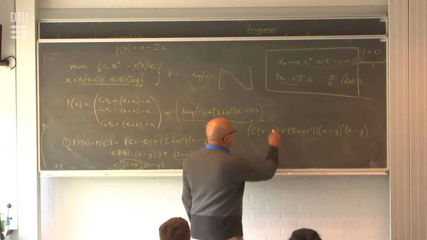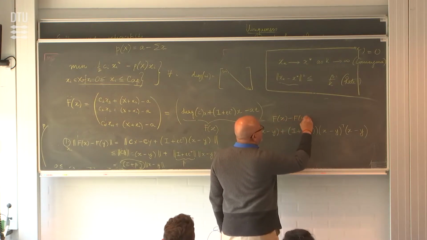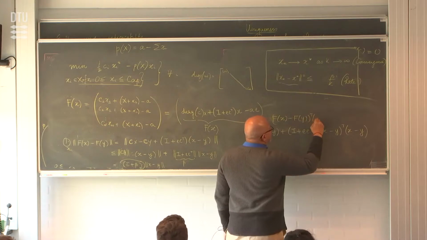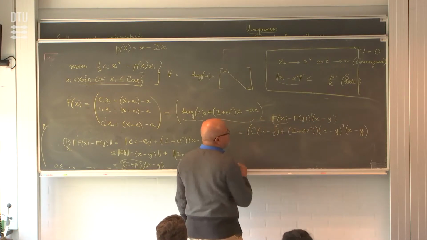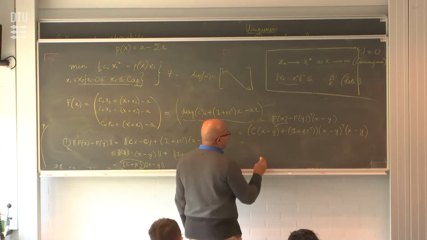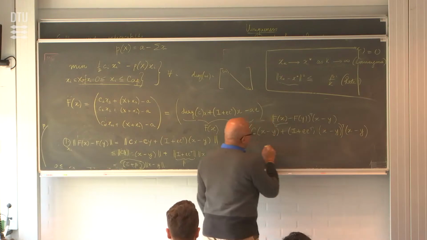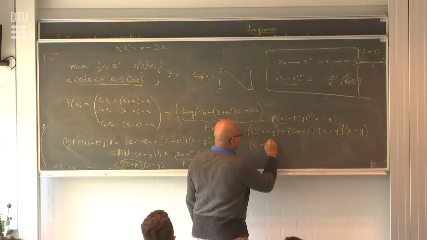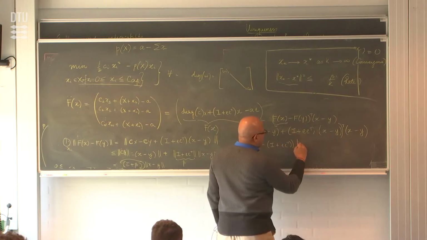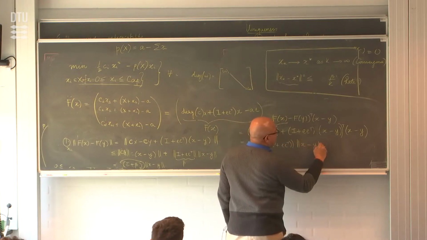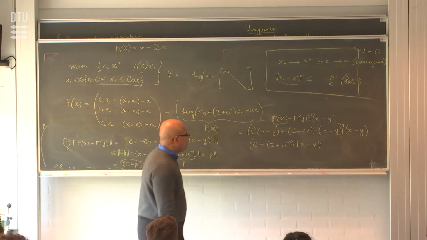So this is f of x minus f of y, transpose x minus y. So this is equal to this. And now what you have is, oh, I'm sorry. So this is equal to C plus I plus E transpose times norm x minus y squared, because x minus y transpose x minus y is x minus y squared.